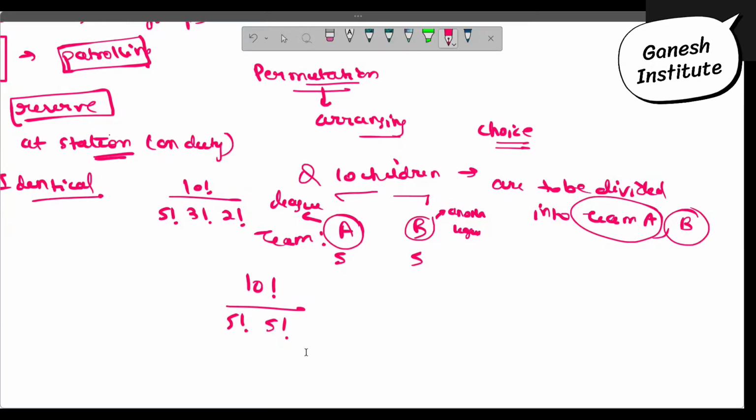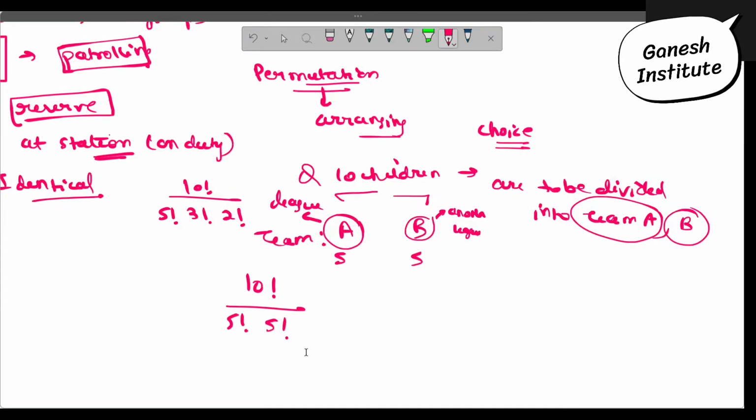If I give you another example, in order to play a game of basketball, again, 10 children at a playground divide themselves into two teams of five each. How many different divisions are possible?